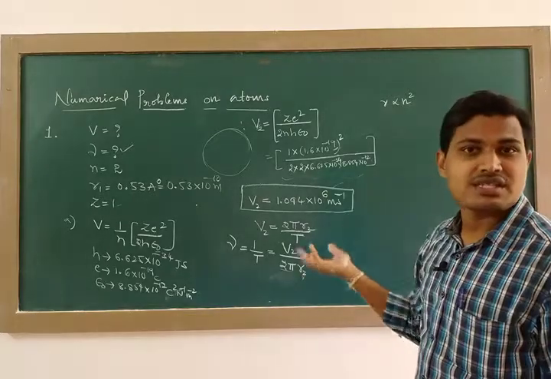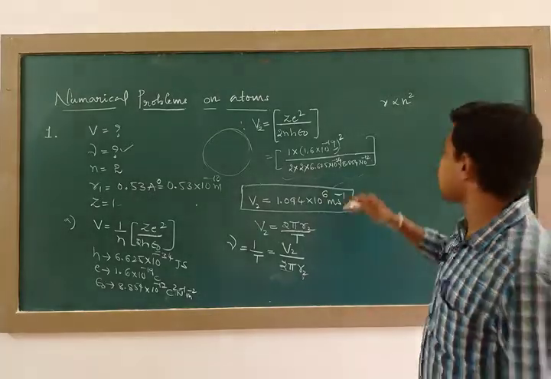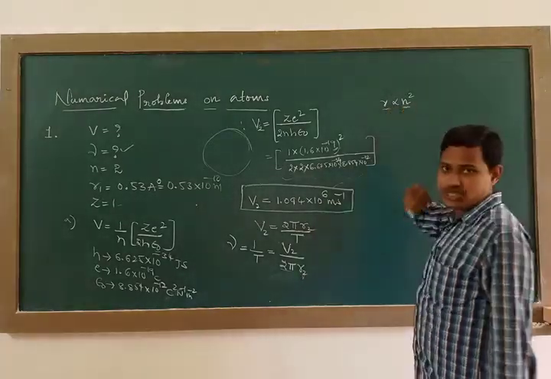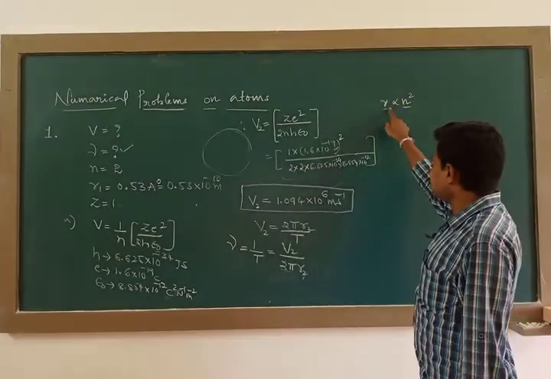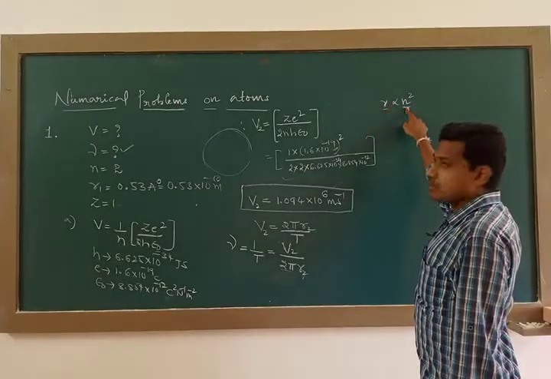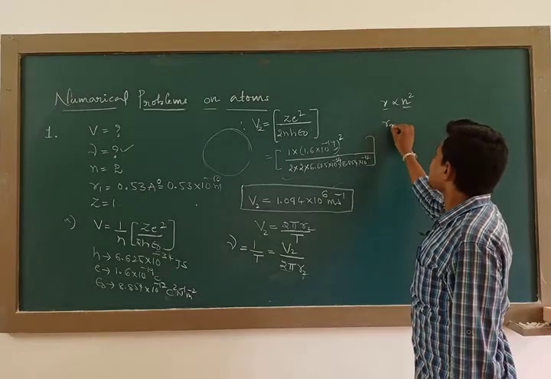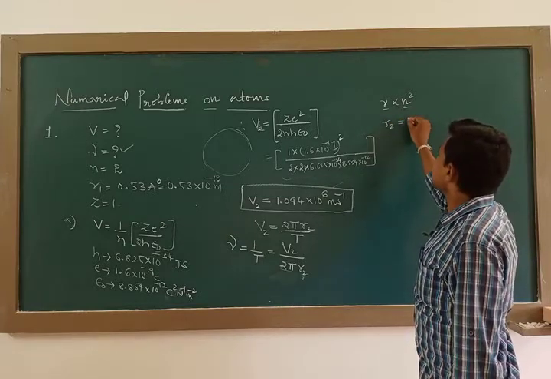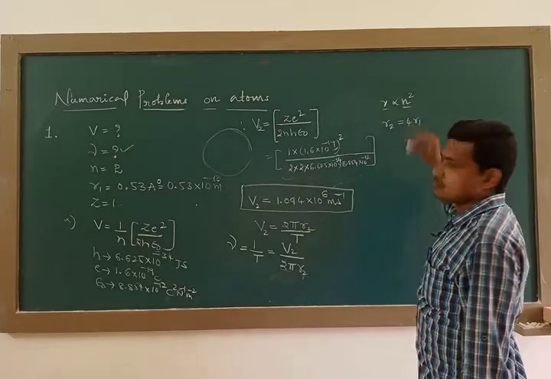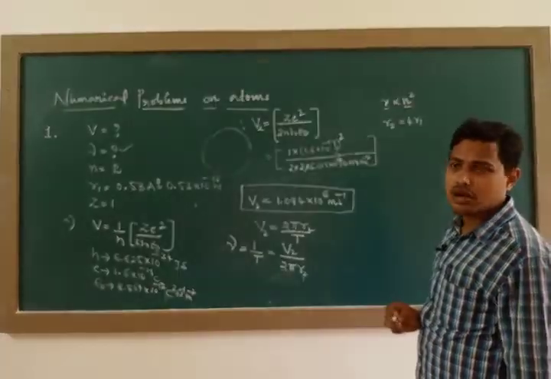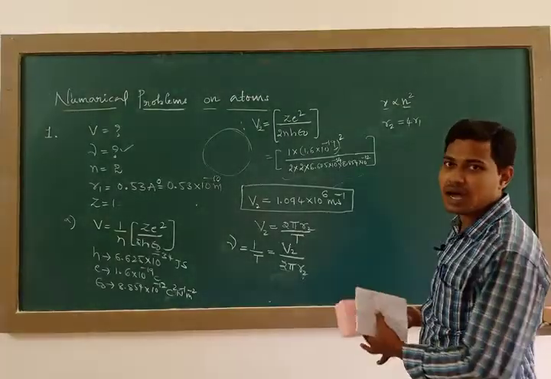As the number of orbits increases, the radius also increases. So r is proportional to n square. For the first orbit it is 1 square. For the second orbit, r2 is 4 times r1.